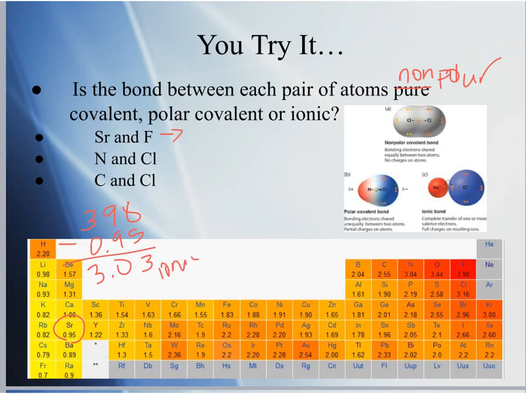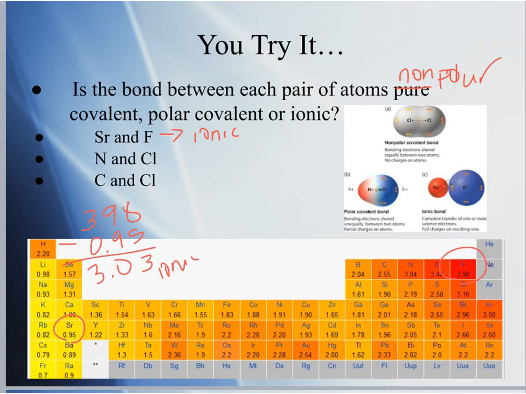Sr and F make an ionic bond. In this case, fluorine is so electronegative that he is going to literally rip away strontium's valence electrons and hog them to himself. So fluorine's going to have a full negative charge since he's got the electrons, and strontium is going to have a full positive charge since he lost his valence electrons.